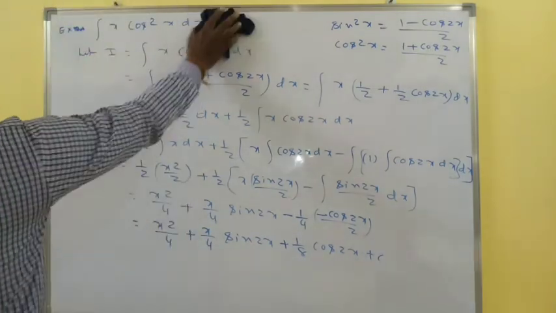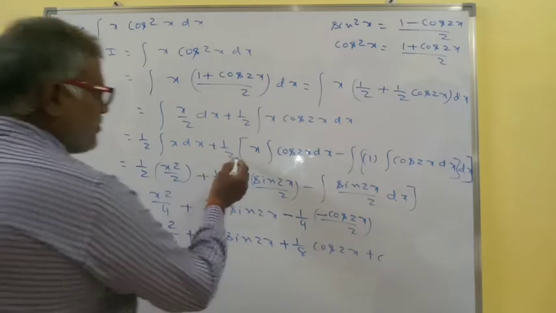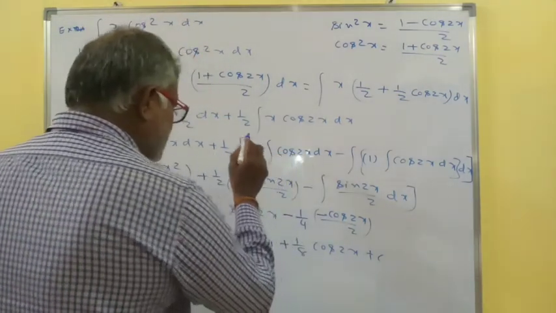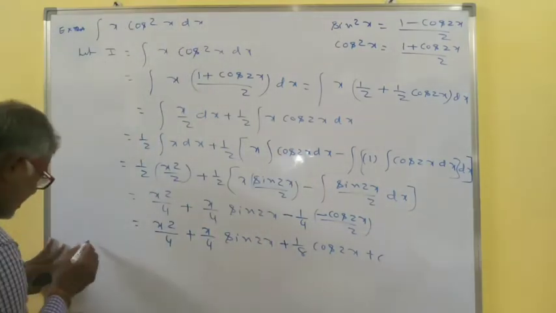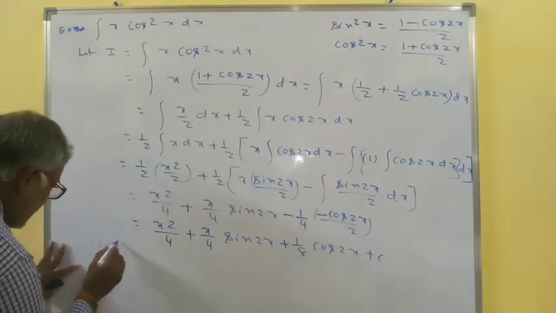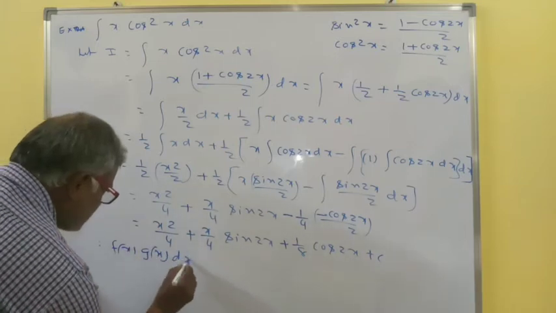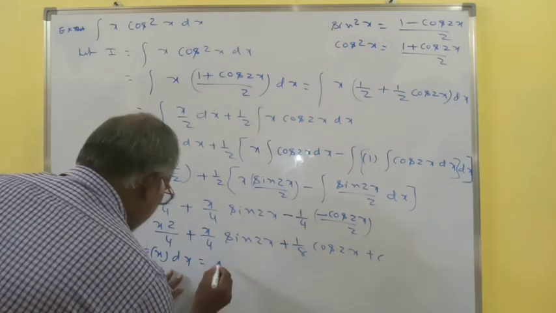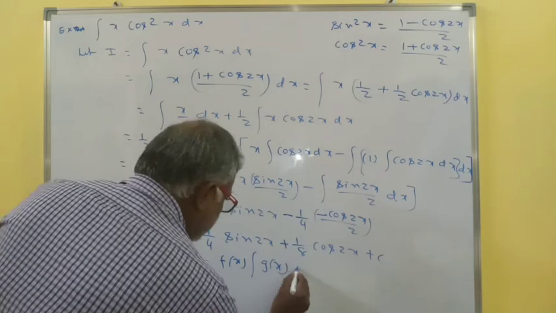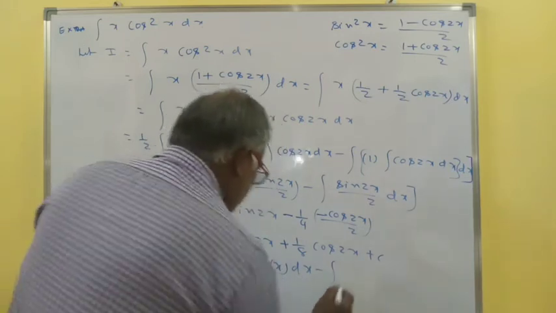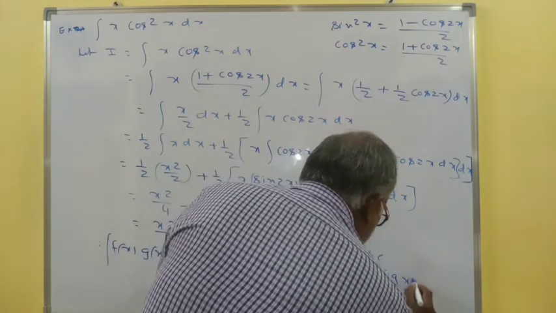Same model. Remember, here we have to use the by parts formula, so we should mention that formula. At least finally you should mention: integral of f of x g of x dx is equal to first function into integral of second function, minus integral of first function derivative into integral of second function.